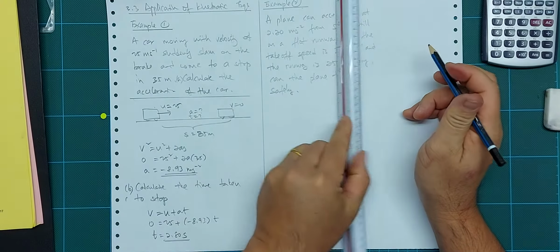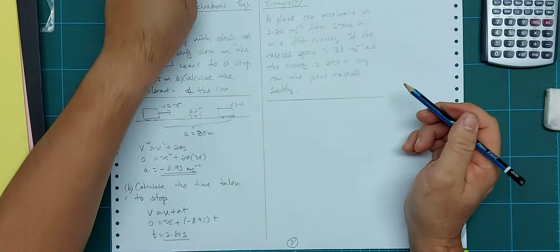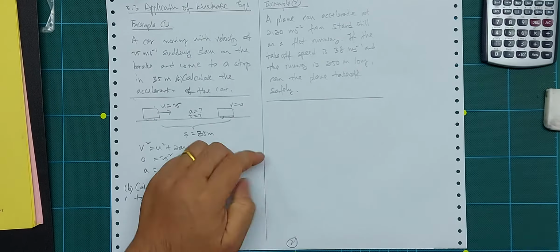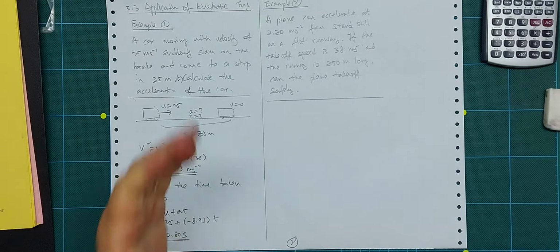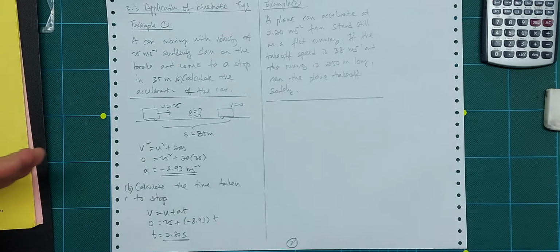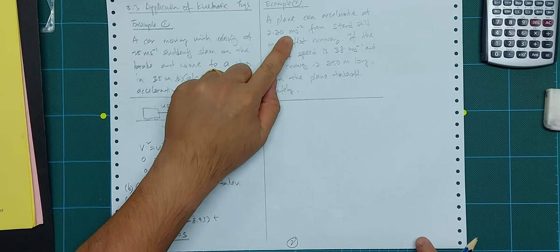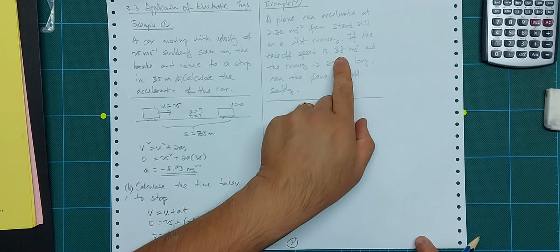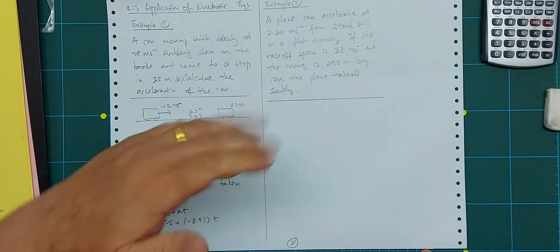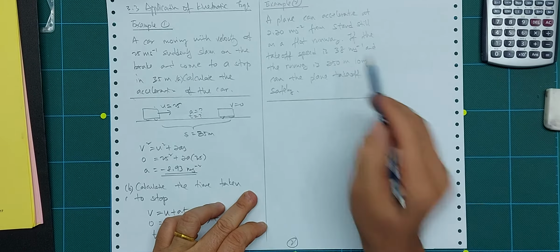That means, can an aeroplane take off, or is the runway enough for the plane to take off? So we assume the plane is standing still and then accelerates at 2.20 meter per second squared until it reaches 38 meter per second. Then it will fly. Takeoff speed means it needs to reach this speed before it can fly.